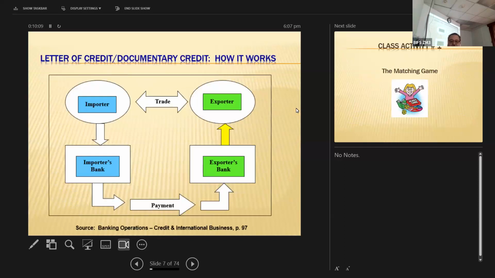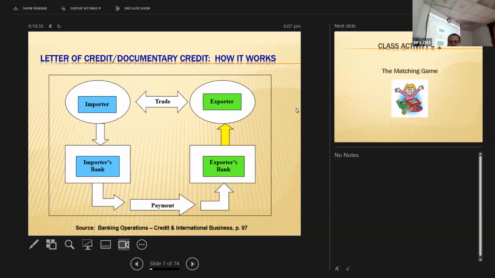Then we borrowed the diagram from module 2 to look at how the letter of credit, the documentary credit, works. The importer and the exporter want to do trade with each other, but the exporter wants to know that they will be paid. So something has to be put in place.